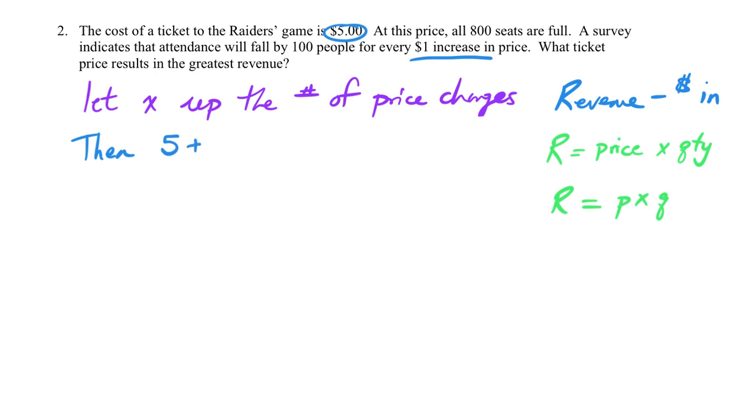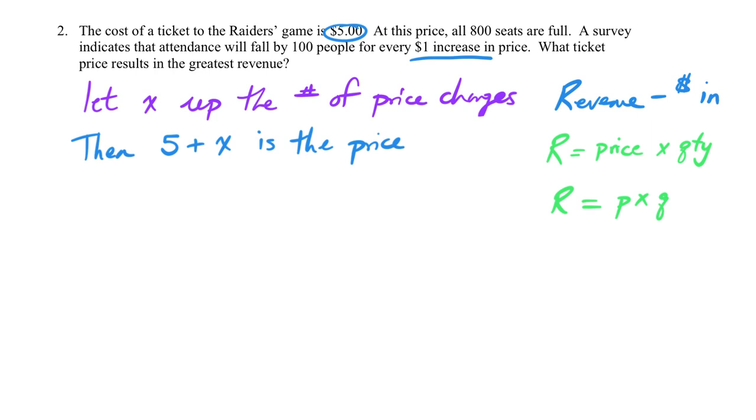So I'm going to increase the price by $1 every time I change the price. So my expression becomes 5 plus 1x. If I decide to put in two price changes, then that's 5 plus 1 times 2, because it would be the $2 increase. Now, the form of that, I understand, is horrible. We should never write down a coefficient of 1, but I wanted you to see it. So 5 plus x then is the price.